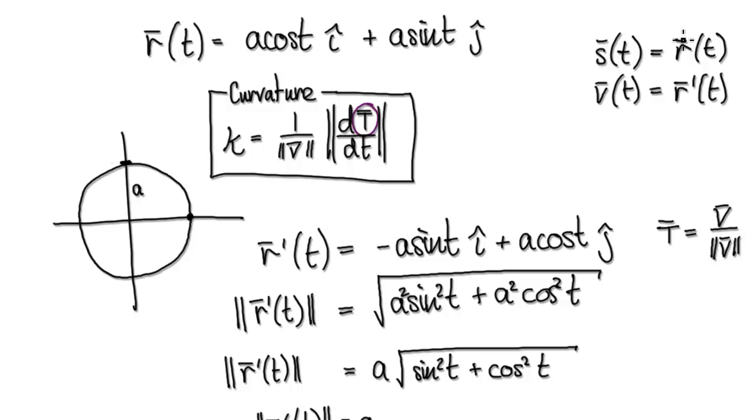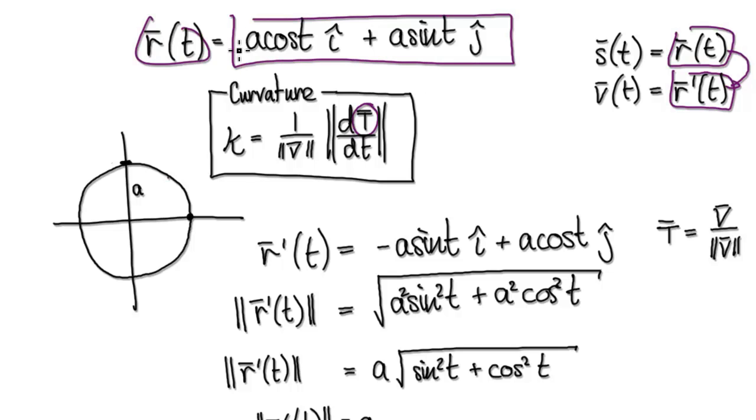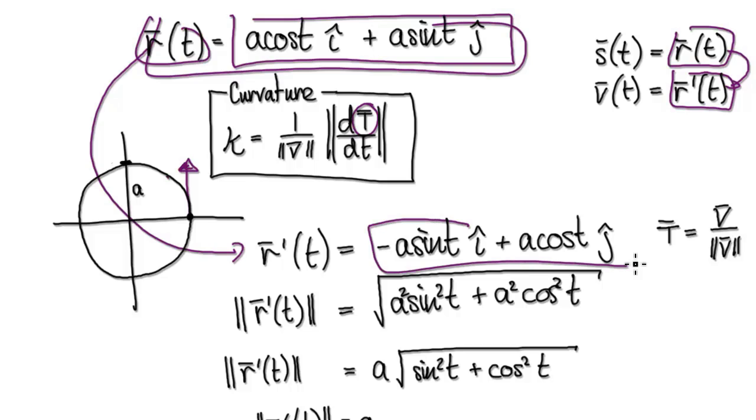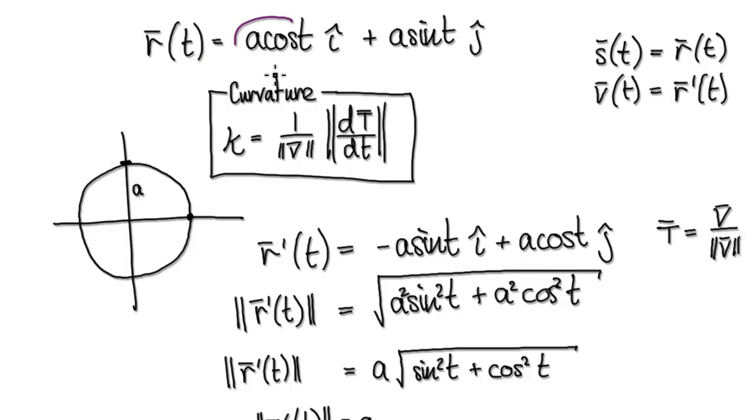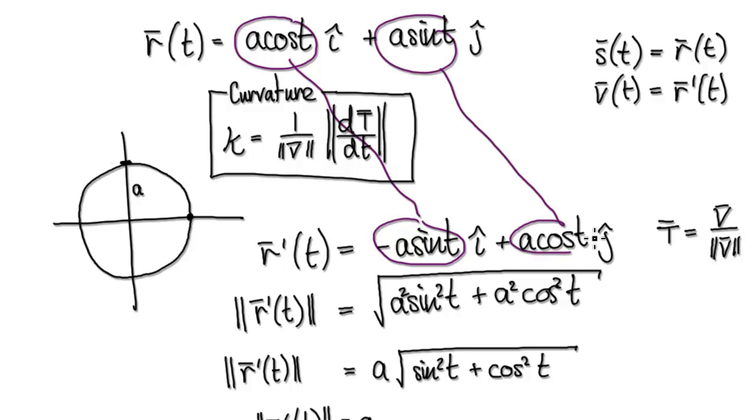From our R, which is our position vector, if we differentiate it, it will give us our velocity vector, which is the tangent.